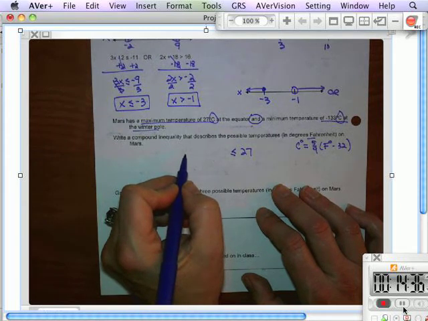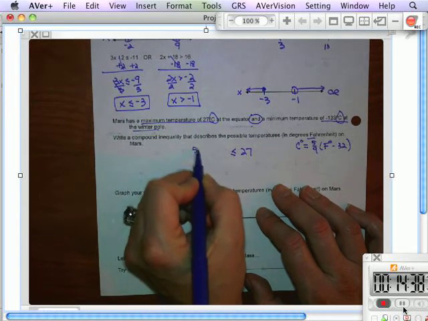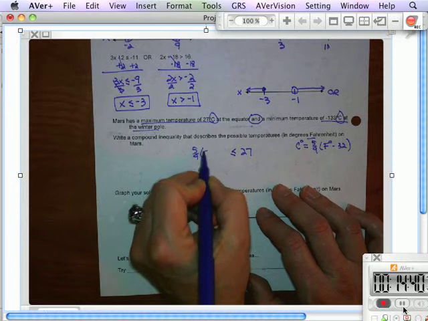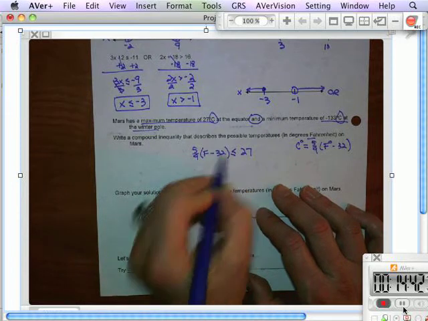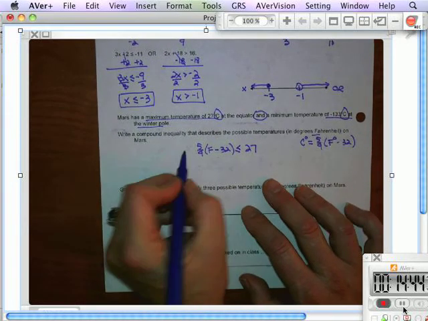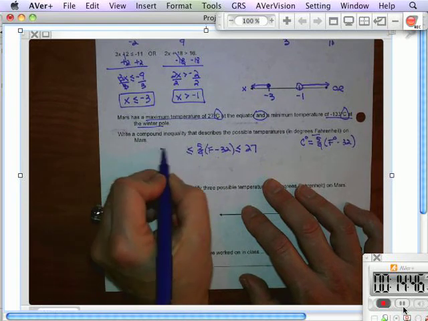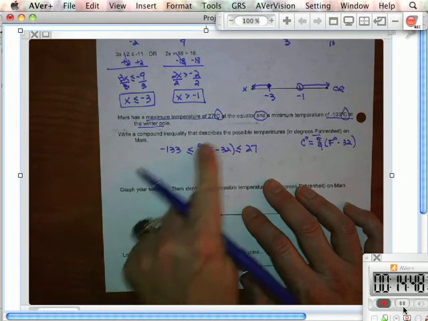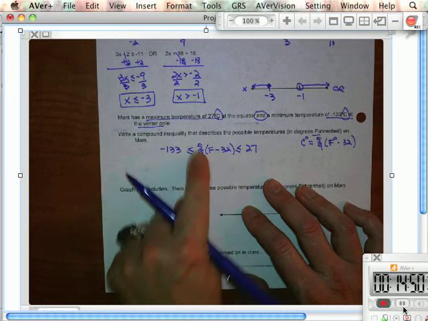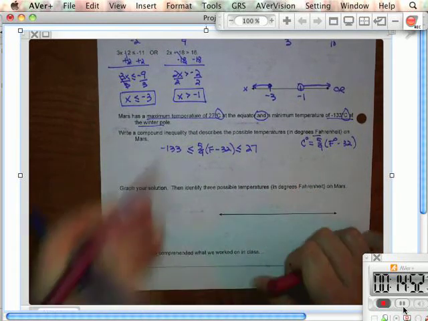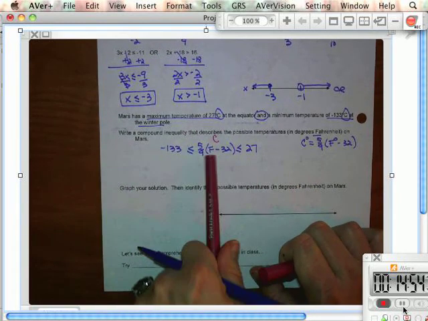So 5/9 (F minus 32) is less than or equal to 27, but it's also greater than or equal to negative 133. This represents Celsius temperature. It's like my C in Fahrenheit. Think about that for a minute.